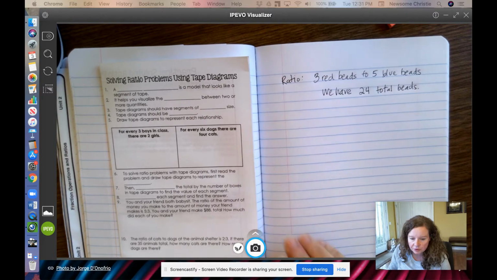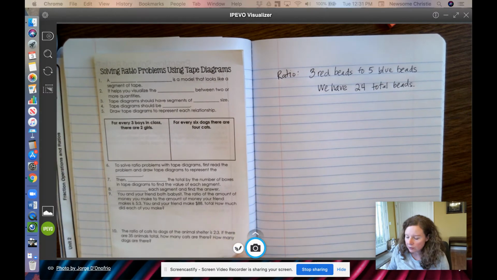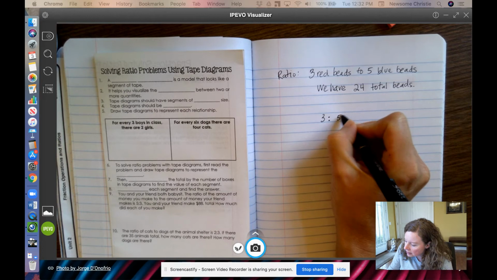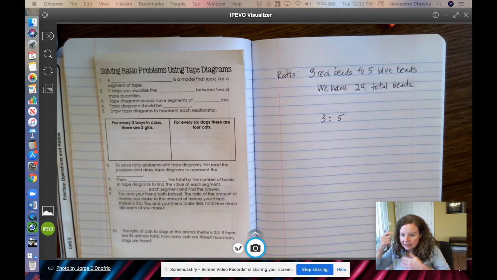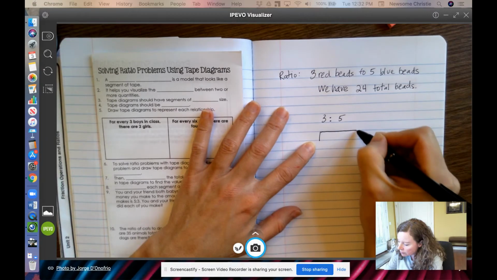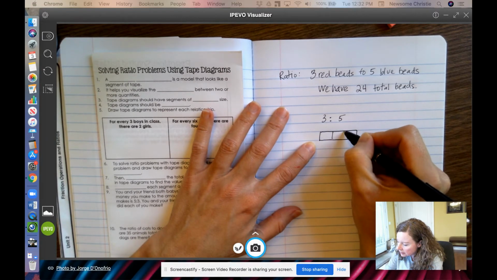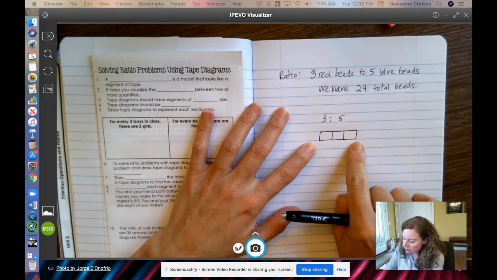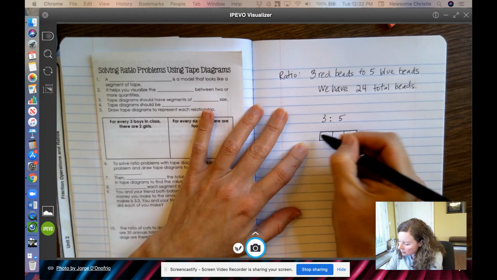Okay, so let's just think about this for a minute. I know you're just going to copy what I'm doing right now and try to think about this as we go. So I'm going to draw a tape diagram for this. My ratio is 3 to 5. And a tape diagram, I want you to think about it kind of like a measuring tape. If you were to measure out this ratio of 3, we're going to use equal chunks. So there's my 3, and that's red.